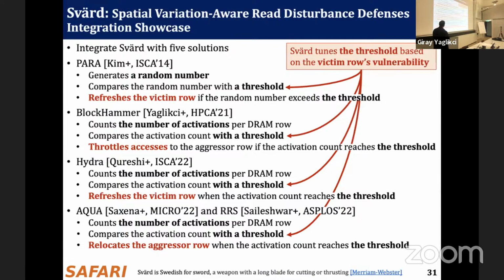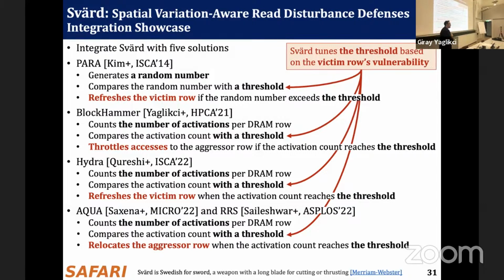I didn't go through this in detail because it's the same story. For all these mechanisms, you always count something, calculate something, and compare it against the threshold. Once you change the threshold, you change how frequently they decide to perform preventive refreshes. Or in BlockHammer's case, it throttles accesses, so it decides to throttle or not based on some threshold. When you change the threshold, you can make a difference in that decision.